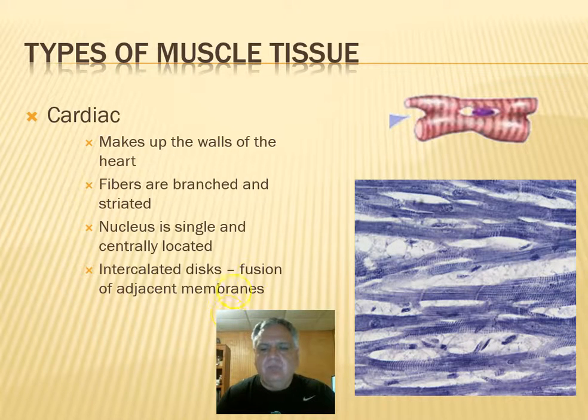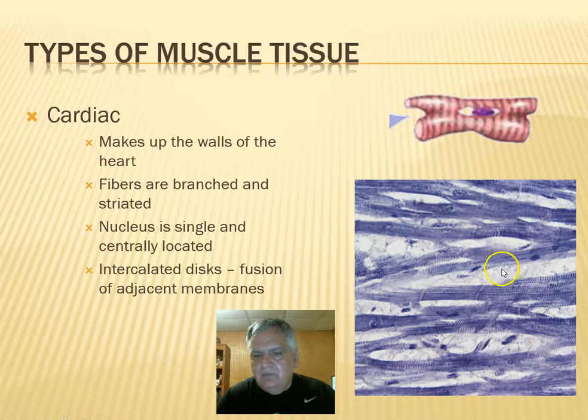So we can see here, this is a micrograph of muscle tissue. We can see an individual muscle fiber right here, and we can see these light lines on either end of the muscle fiber. These are areas of intercalated discs. So there's an intercalated disc there, there's an intercalated disc there.